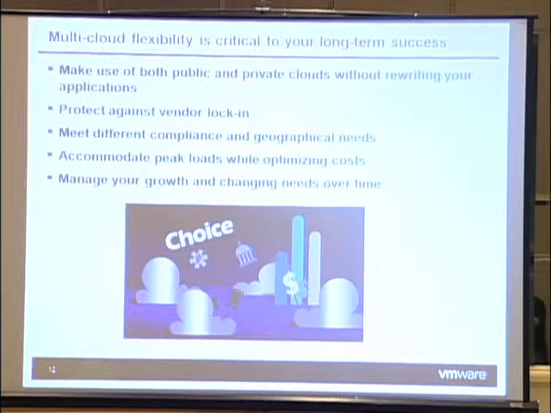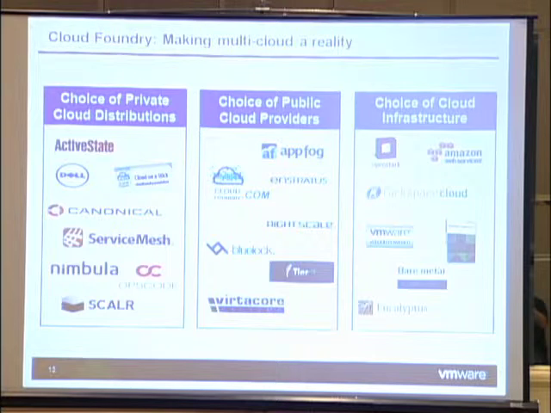So, you can make use of both public, private, you can deploy in multiple places, you're not locked in, different locations, geography, peak load, and manage your change over time. Different providers of private cloud, different providers of public cloud.